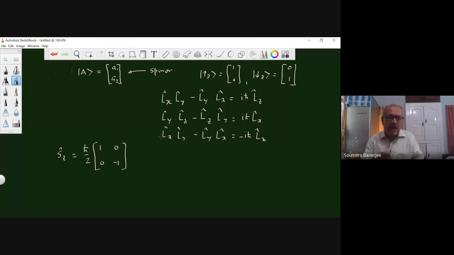Now, Wolfgang Pauli assumed that the spins also obey the same kind of relationship. The spins in two different directions would not commute with each other. And there's the indication of that coming from the Stern-Gerlach experiment that I already hinted at, because if you have a spin preparer in the z direction, and then it goes through another spin preparer in the x direction. Let me just draw schematically.